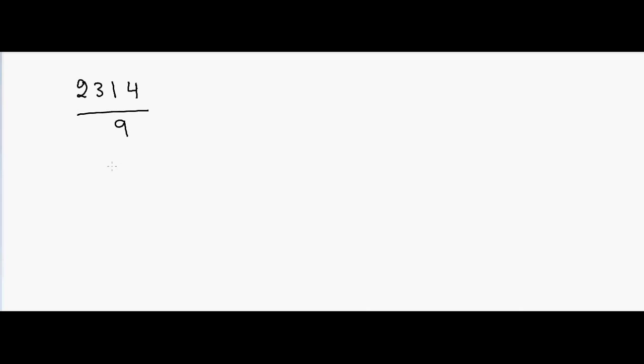In that case, we'll add all these four digits together. So 2 plus 3 plus 1 plus 4, that will give me 5, plus 1 is 6, plus 4 is 10. If you divide 10 by 9, you will get 1 as a remainder. So your remainder would be 1 in that case.